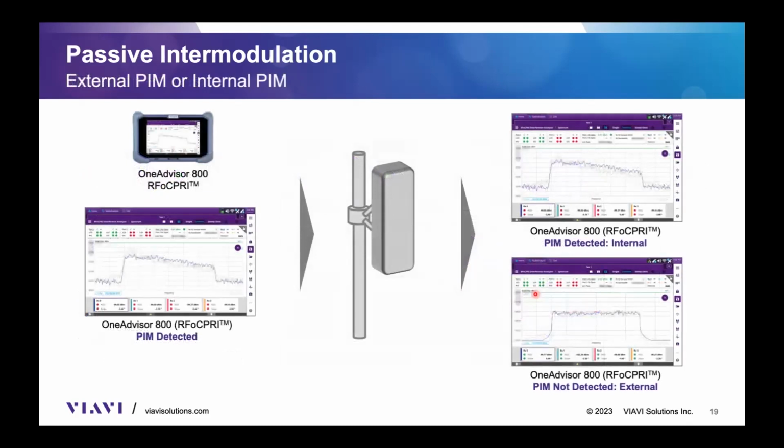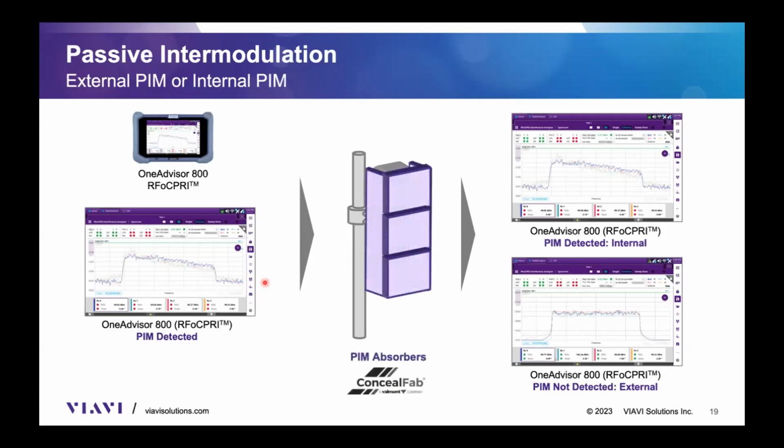Right, okay, so let me just give you a couple of examples quickly. So first, again, at the beginning of the process, we run the RFoCPRI. You can see here we have that typical PIM signature. We have a slope, so PIM is detected. We know which antenna is exhibiting these problems. So first off, we put some absorbers.